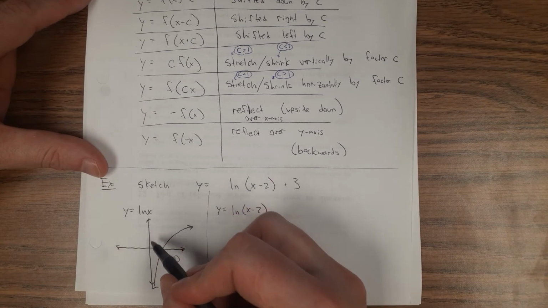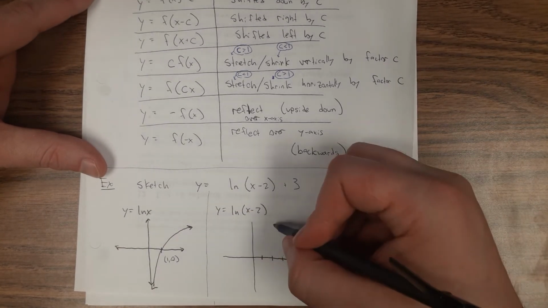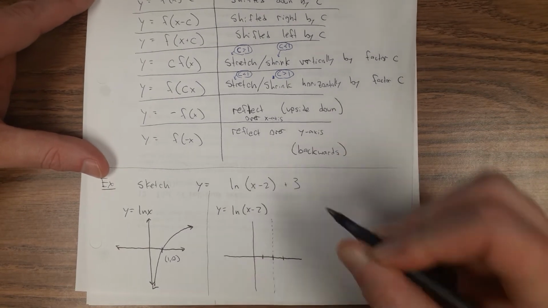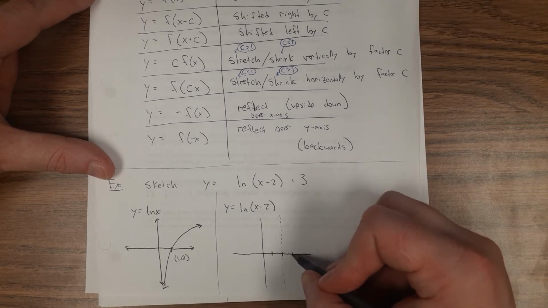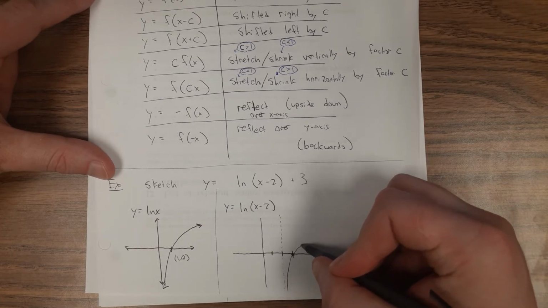So the vertical asymptote, instead of being here, is going to be 2 units to the right. So here. And instead of going through this point, it's going to go through 3, 0. So here. And then it just kind of goes like this.